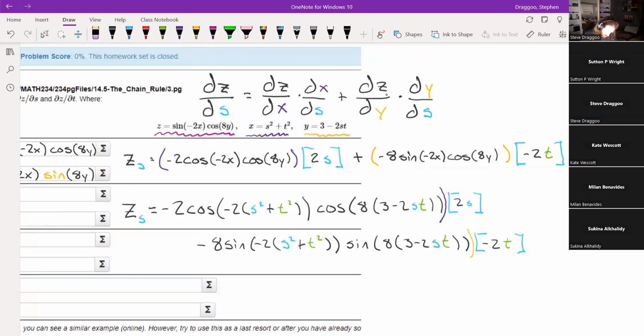It's getting a little cluttered, so I'm going to take those back out. But yeah, that's our z partial s. If I did the partial t, it would all look very similar to this. The only difference is that those blue bracket sets would be replaced with green bracket sets for the t partial derivatives.